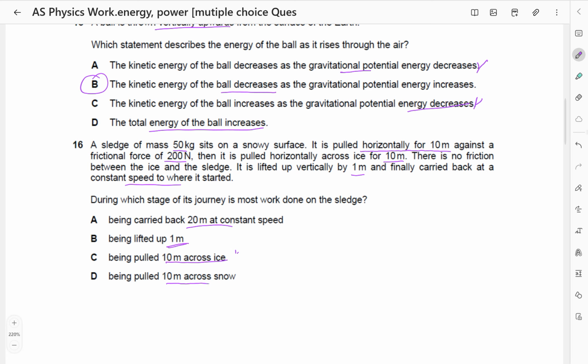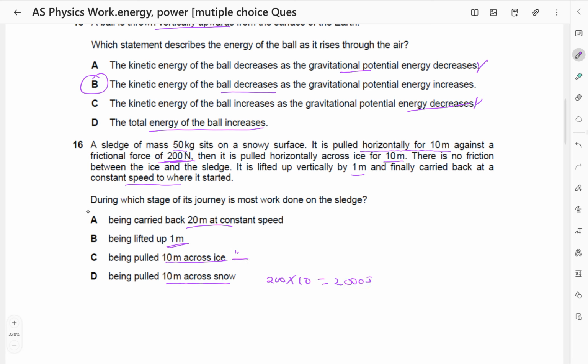Being pulled 10 meters across snow. For the snowy surface, it is pulled horizontally for 10 meters against a frictional force of 200 newtons. The frictional force of 200 newtons is very large. So the work done against friction alone will be 200 times 10, which is 2000 joules.